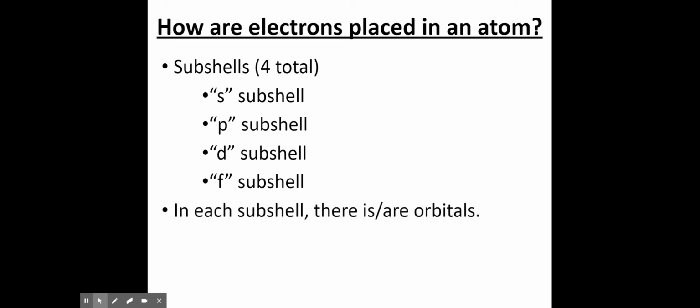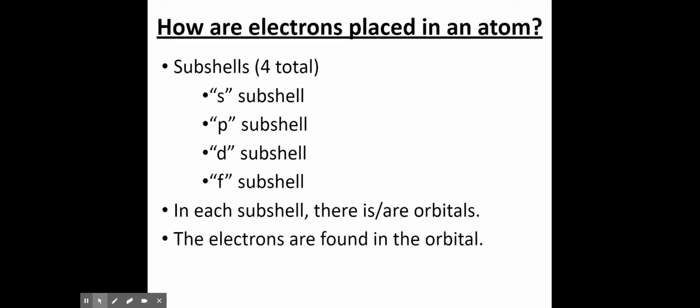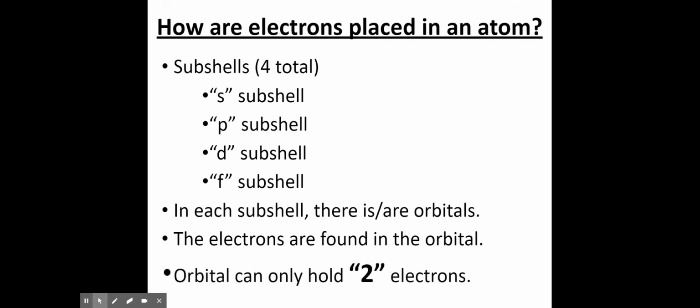But wait, there's more. Each one of these subshells contains orbitals. And that's where we would find the electrons. Each orbital can hold 2 electrons.